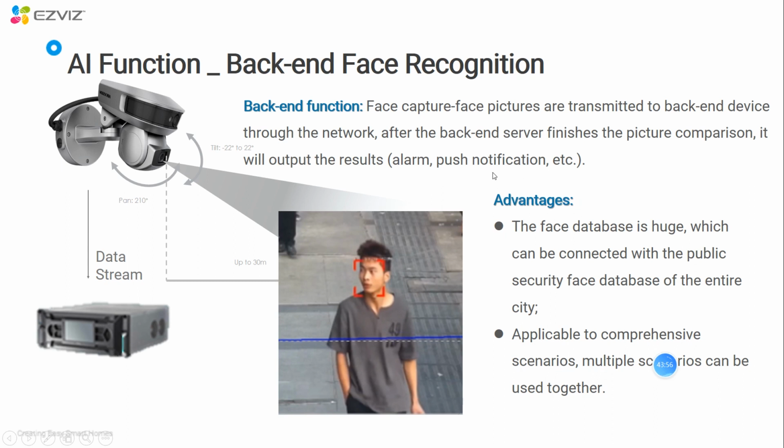The advantage of this backend face recognition is that the face database is huge, which can be connected with the public security face database of the entire city, and is applicable to comprehensive scenarios. Multiple scenarios can be used together.